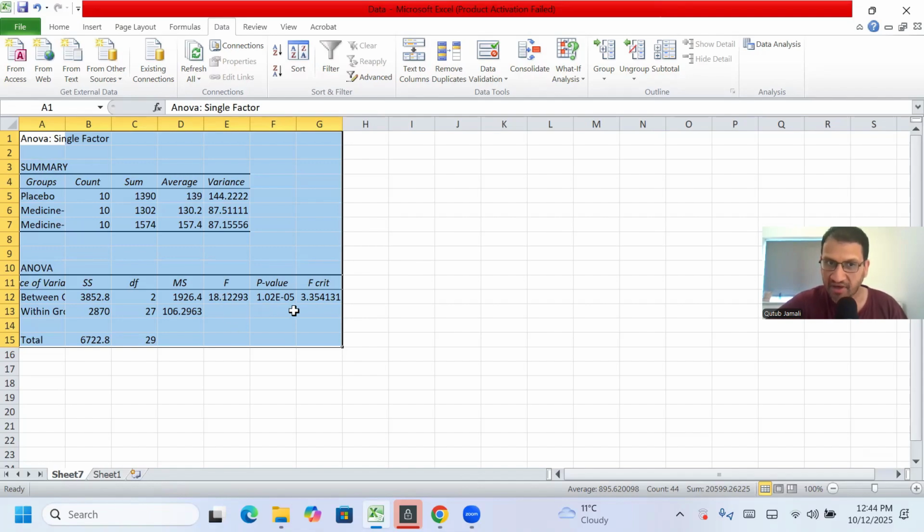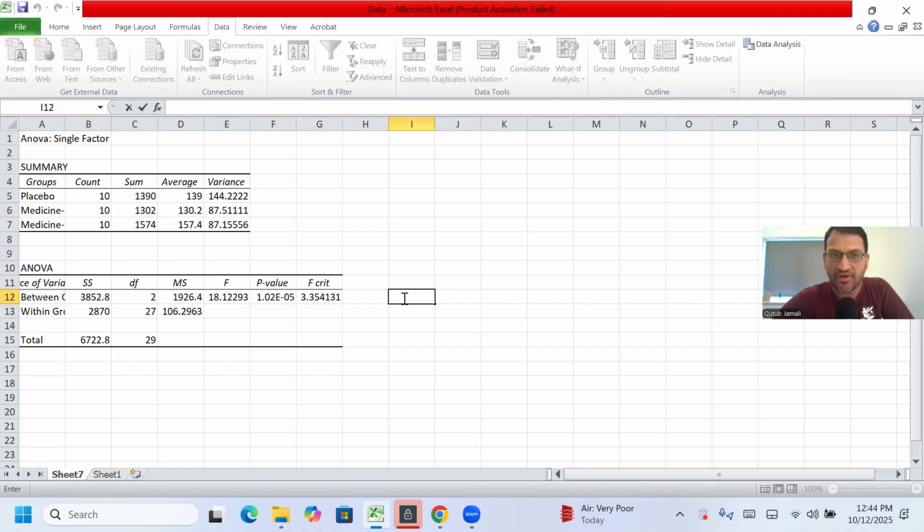Then you look at the p-value. If you look at the p-value, it's 1.02 e minus 05, which means, let's put it here as an example, 1.02 times 10 raised to minus 5.